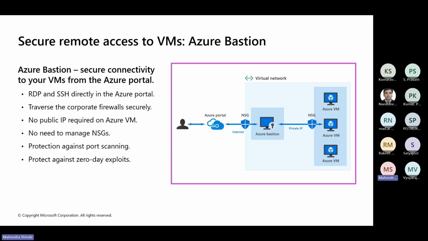It's a simple machine. What happens if the credentials for that jump box are leaked and some unauthorized person gets access to it? Mostly people allow RDP or SSH connectivity from the outside world, and anybody with credentials can log in and access all the resources.